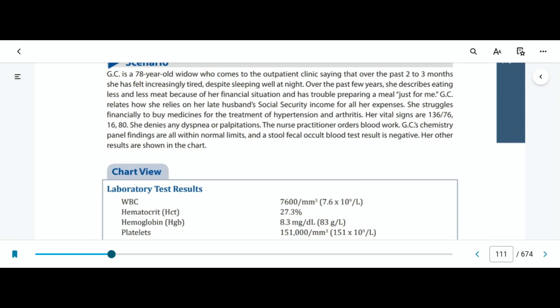Nurse practitioner orders blood work. Her chemistry panel findings are all within normal limits, and her stool fecal occult blood test result is negative. So what is that telling us if her fecal occult blood test is negative? We're going to find out. So why would we do a fecal occult blood test? What are we looking for?